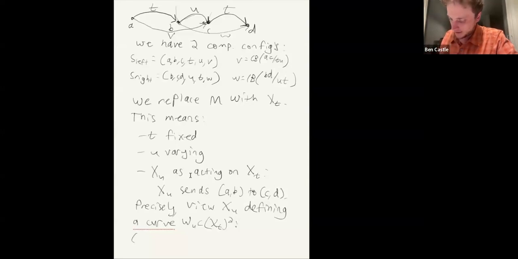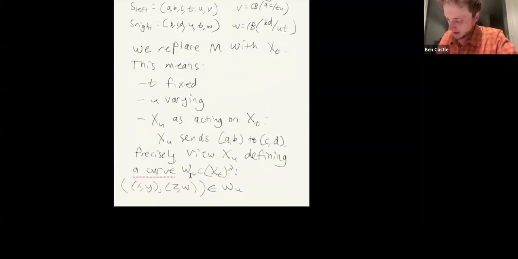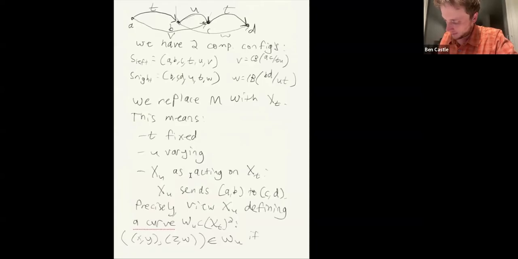And the definition is just that, say I have a point XY and a point ZW, these are in XT, then I call the pair XYZW to be in WU if YZ, if these two middle points, are in XU. So I have a way of taking one point from XT and mapping it to another point from XT by linking the two coordinates that are next to each other through the curve XU.